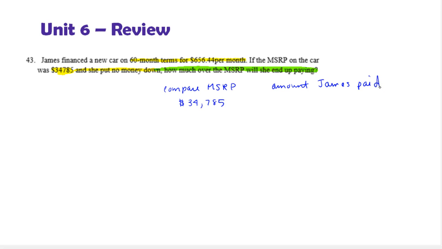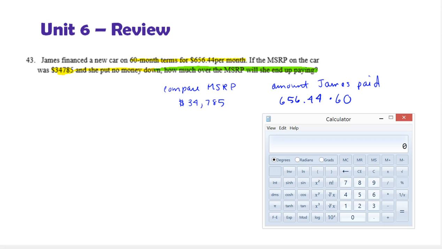So we need to know how much James paid so we can compare these via subtraction. Okay? So we know what he paid a month, and we also know the number of months he paid that amount. So to find the total, we need to multiply. So that would be $656.44. He paid that for 60 months. And even I don't want to do that by hand.